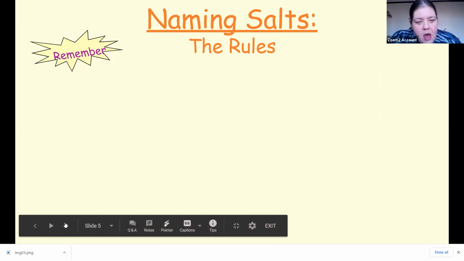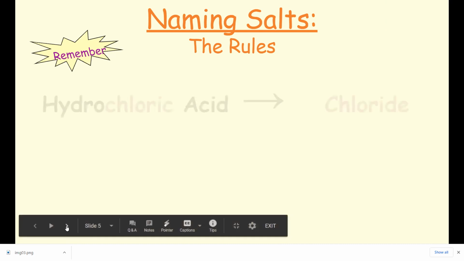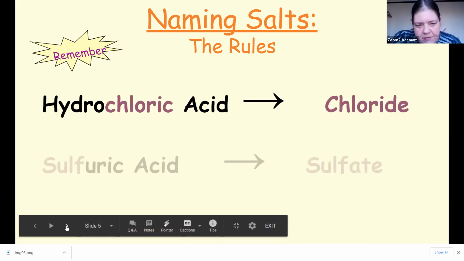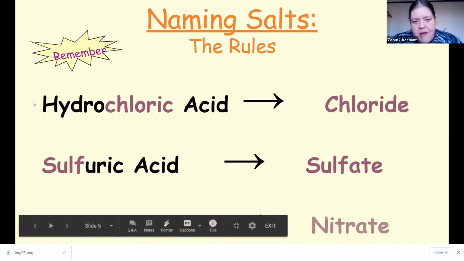You will be expected to name the salts made when these chemicals react. So when these acids react with an oxide or a metal, you'll be expected to know the name of the salt made. But I actually think this is one of those bits that's quite easy once you get your head around it. And again, it's going to be a flashcard thing.